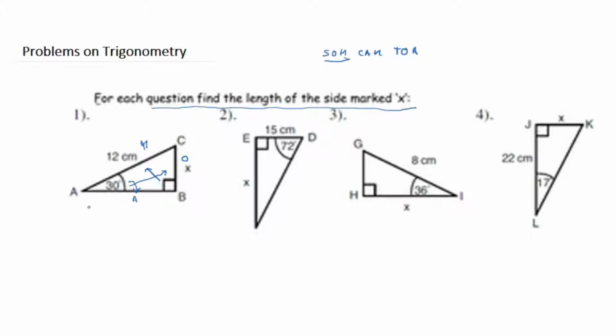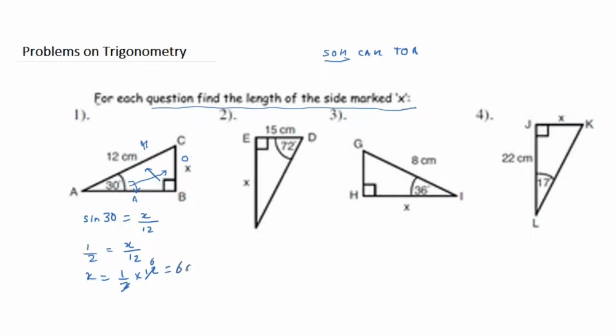We know that sine of 30 is going to be opposite over hypotenuse. So opposite is x over 12. Sine of 30 we know is 1 over 2. That should be equal to x over 12, or multiplying 12 to both sides we get x is equal to 1 over 2 multiplied by 12. 2 goes into 12 6 times, so that is 6 centimeters.